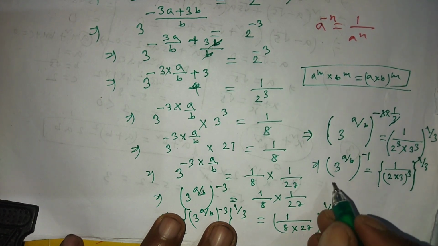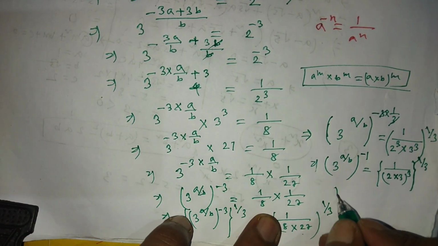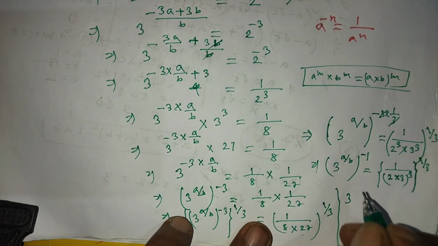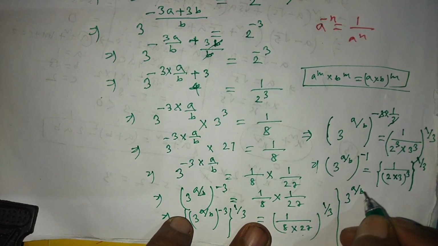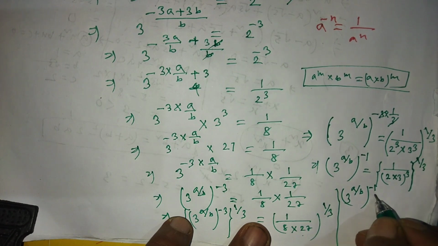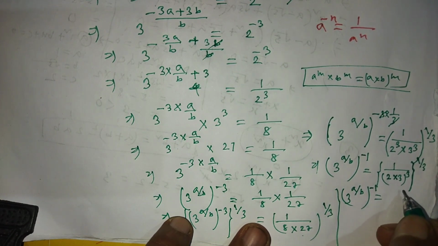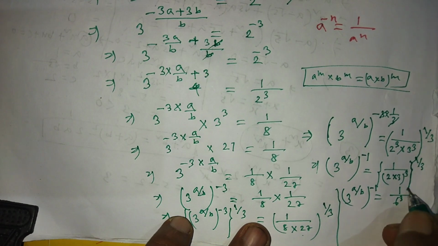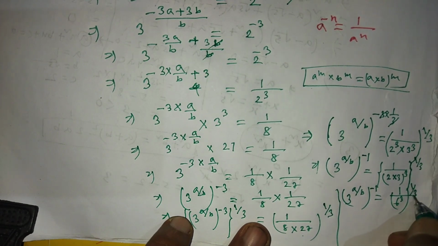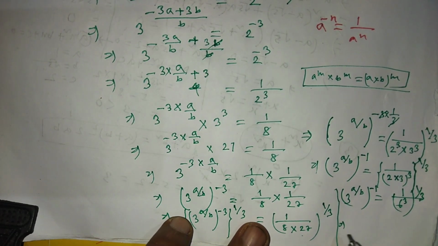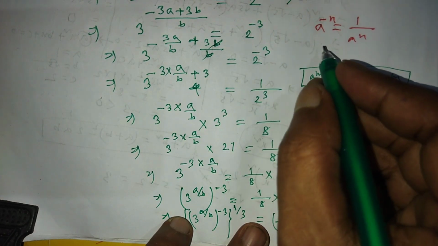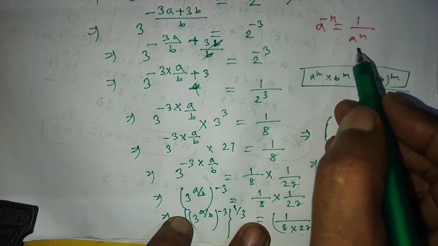Okay student, 3 to the power a over b whole to the power minus 1 is equal to 1 by 2 into 3, that means 6, to the power 3 whole to the power 1 by 3. So my dear student, a to the power minus n, that means 1 over a to the power n.